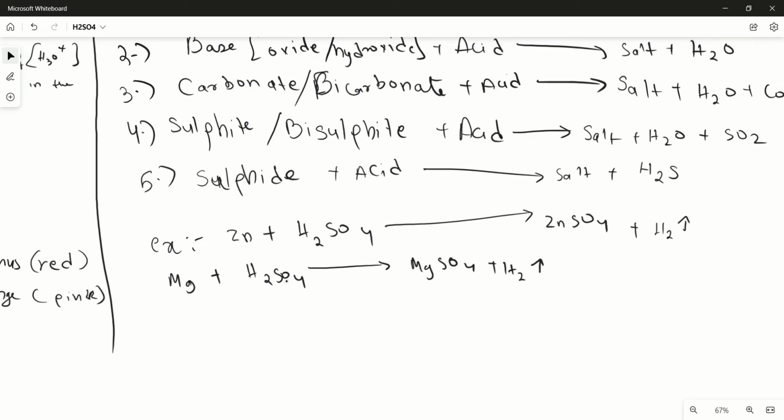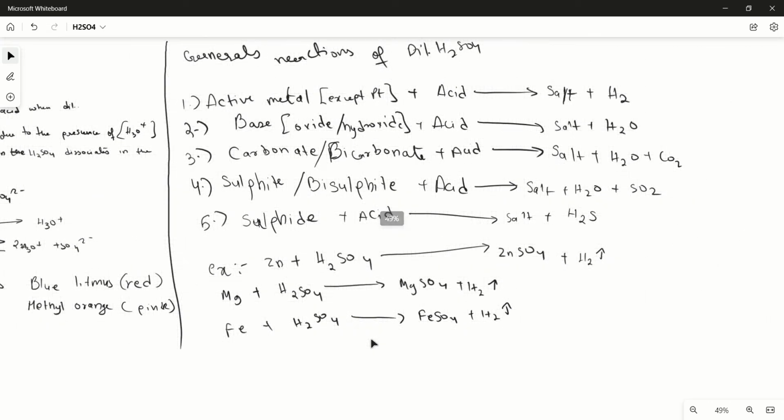Then let's take iron plus H2SO4, gives us FeSO4 plus H2. These are the examples of active metals.